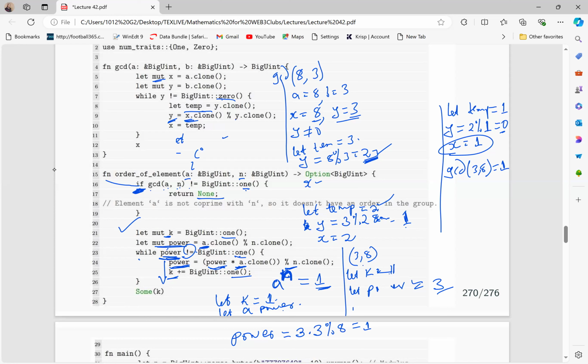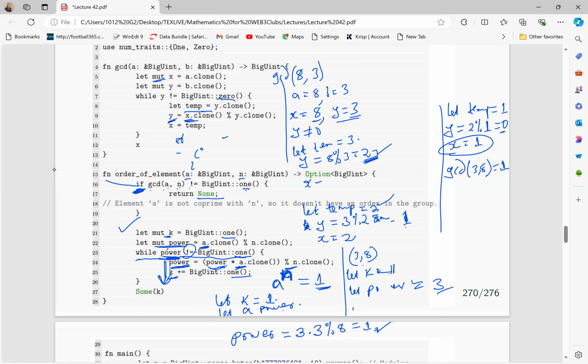Look at this. While the power is not equal to 1, you continue doing what is inside. But we've already found that our power is 1. So when our power is 1, we now exit and write the order.